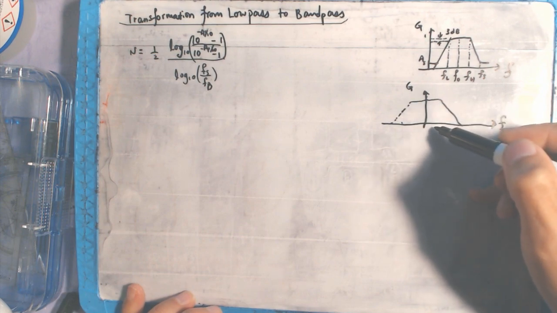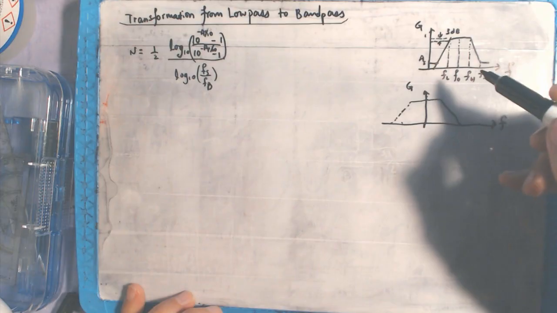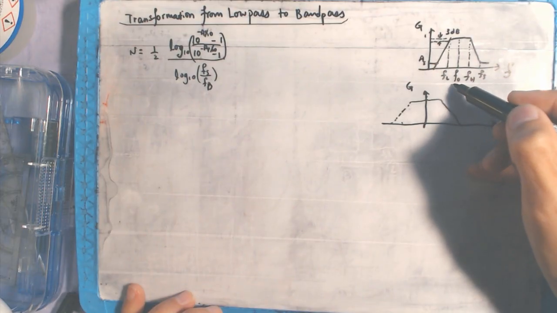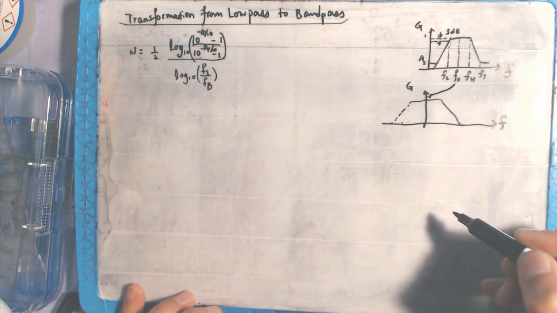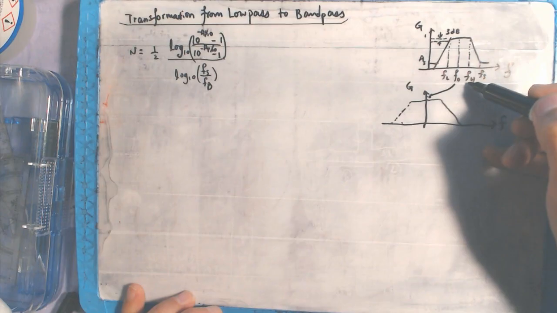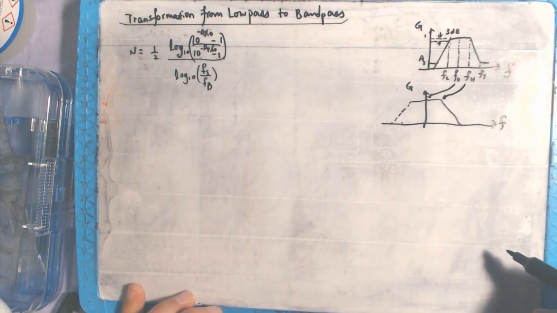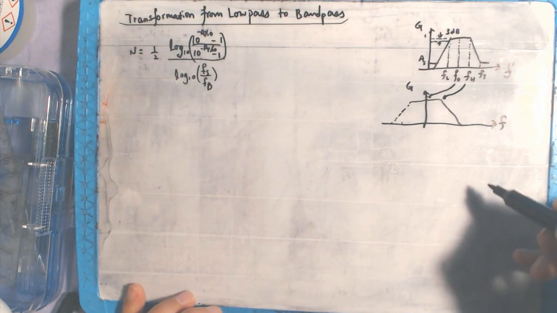So what you need to do is to use the frequency scaling technique to map this F naught to the center, and you map this Fx to the corner frequency.